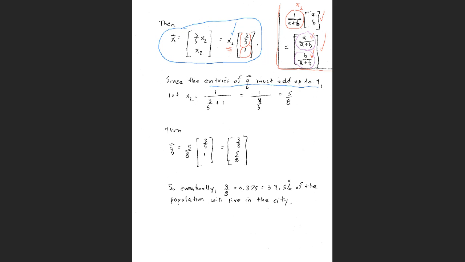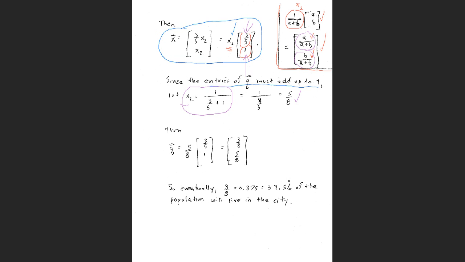Analogously, since in my vector I have entries of 3/5 and 1, I'll let x2 be 1 over 3/5 plus 1. That's 1 over 8/5, which is 5/8, and that's going to be the value of my free variable. Pretty cool, huh?